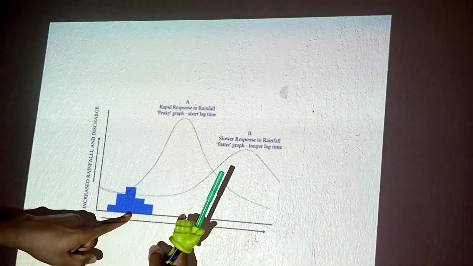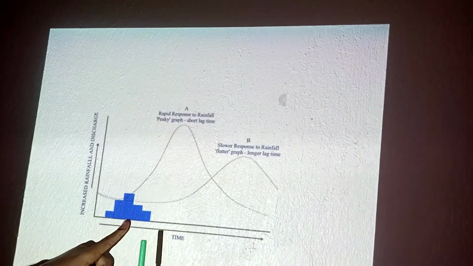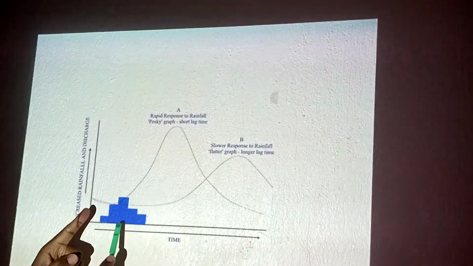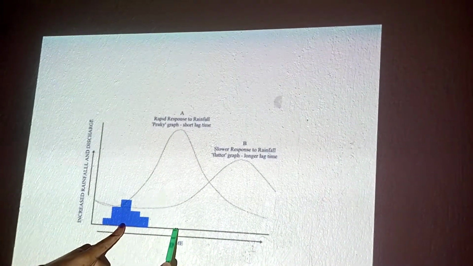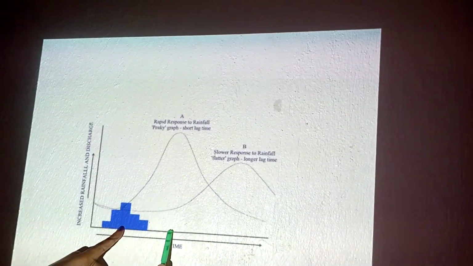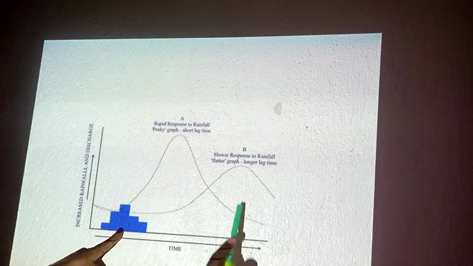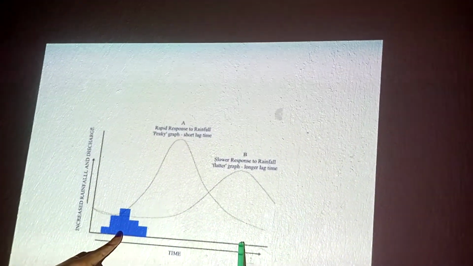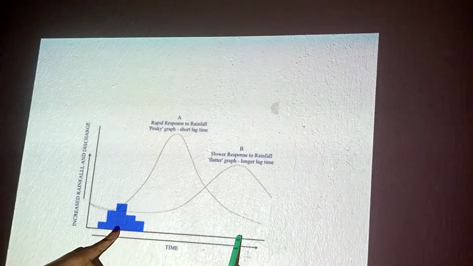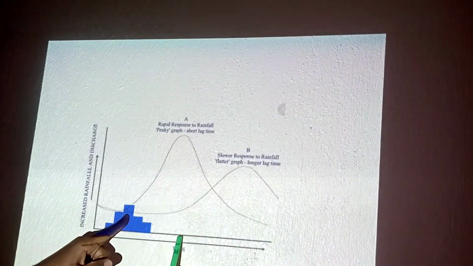You see, if we assume that here is 3 and here maybe is 5, the time lag is 2. But if you keep on, this will be like 8. So 3, 8, the difference will be 5. You understand that the time lag here will be longer than the time lag here.